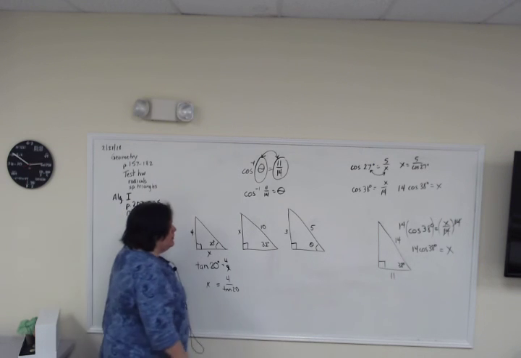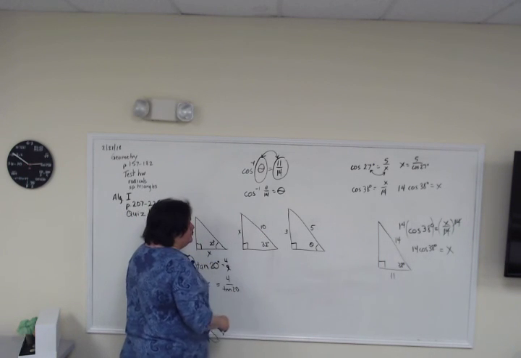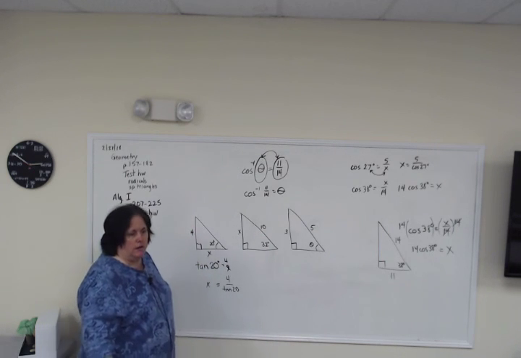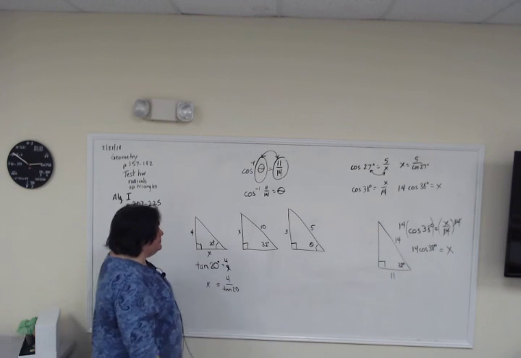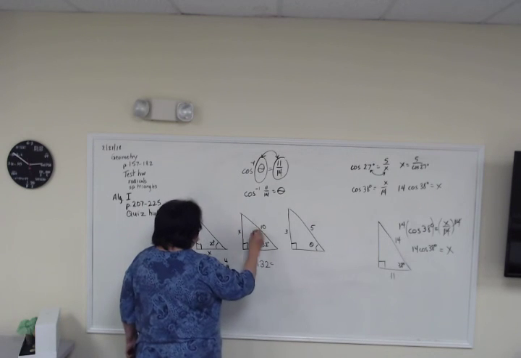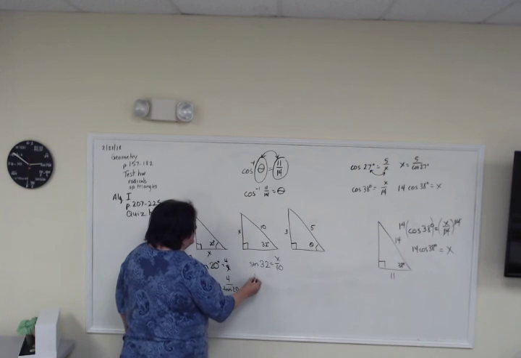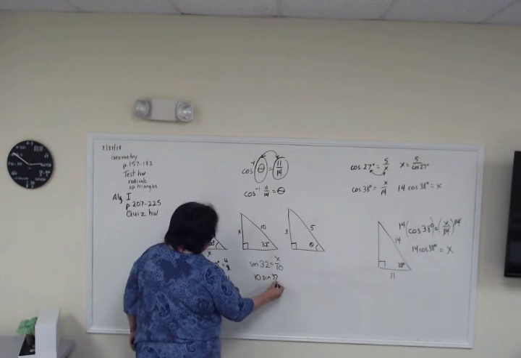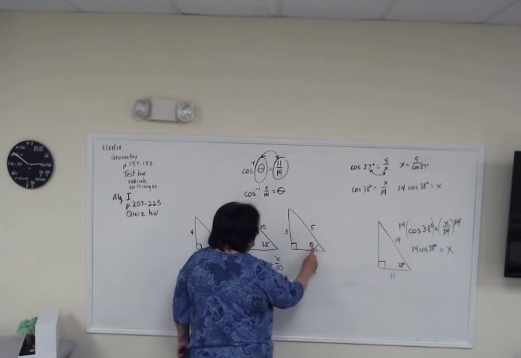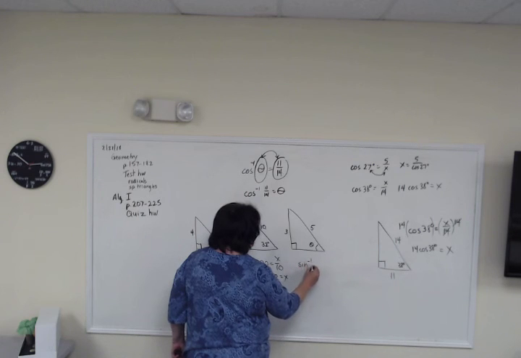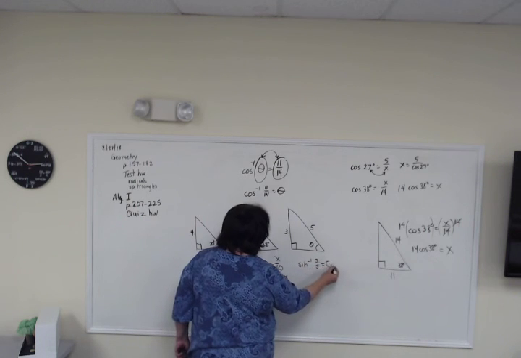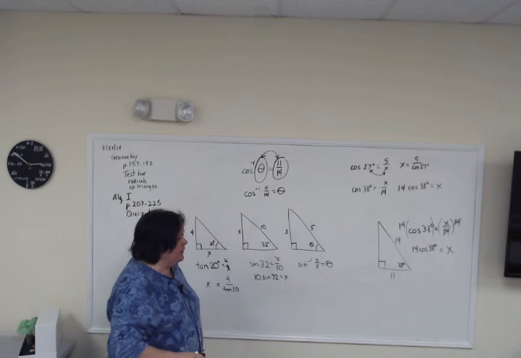Here we have opposite and hypotenuse, and that's sine. So sine of 32 equals opposite over hypotenuse. We multiply both sides by 10, and we punch that in. Sine again, but here it's going to be inverse sine of 3 over 5 equals theta, and we punch that in.